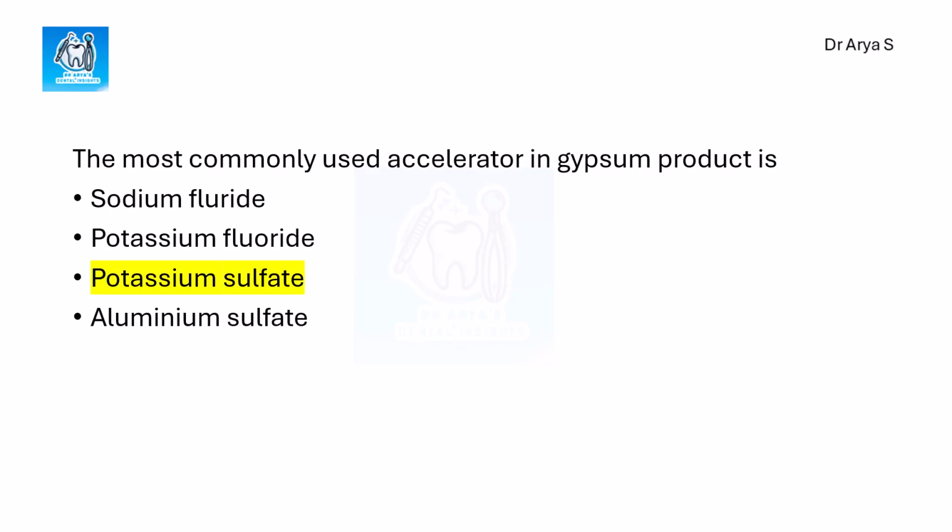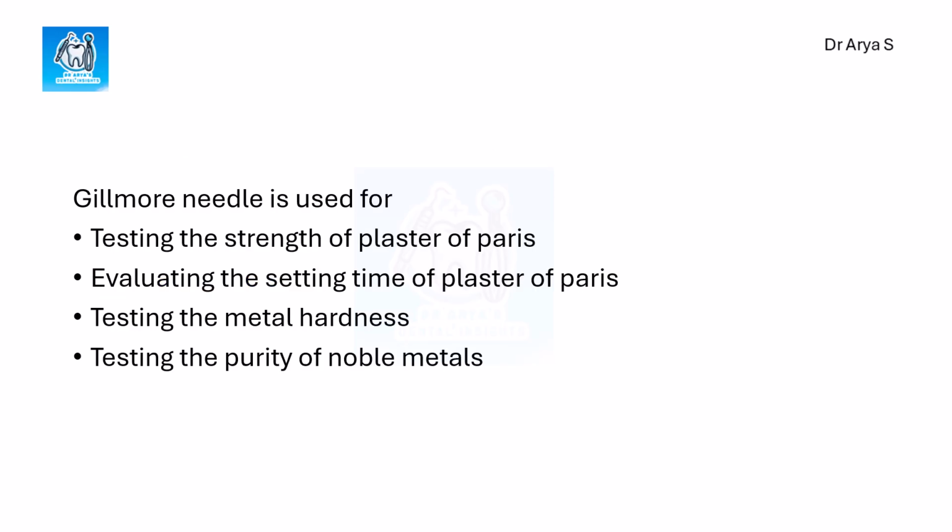Answer is potassium sulfate. Gillmore needle is used for testing the strength of plaster of Paris, evaluating the setting time of plaster of Paris, testing the metal hardness, or testing the purity of noble metals. Answer is setting time of the plaster of Paris.